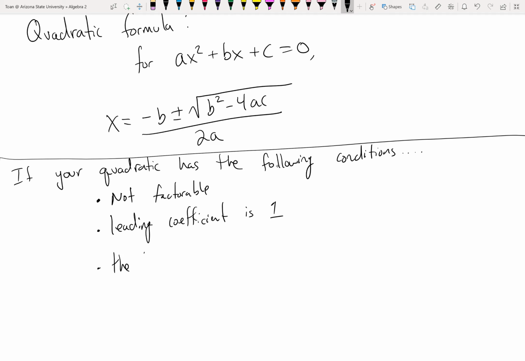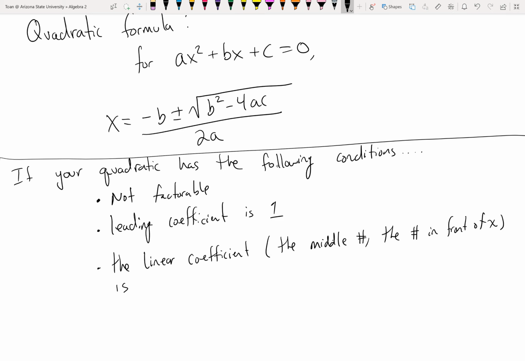And the linear coefficient, the middle number, or the number in front of the regular x term, however we want to think about it. The linear coefficient is the middle number or the number from the x term. The linear coefficient is even.